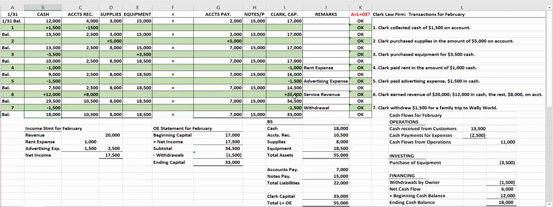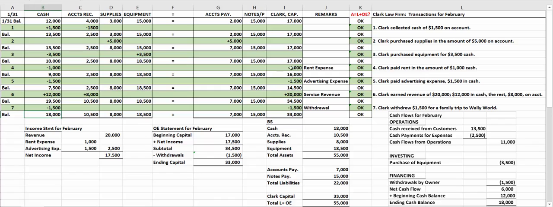It's column I on the screen. And both revenues and expenses are owner's equity accounts, so that's where you get your entire income statement. Net income, $17,500.